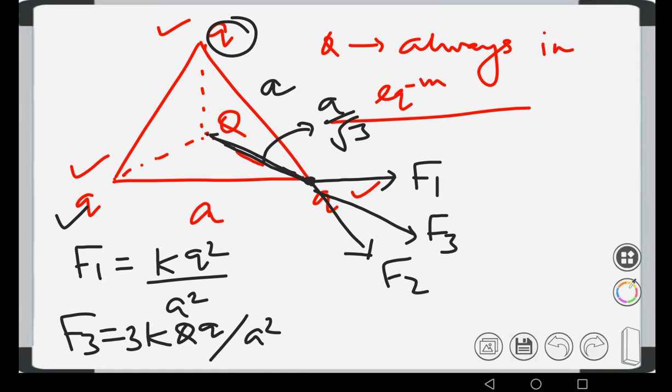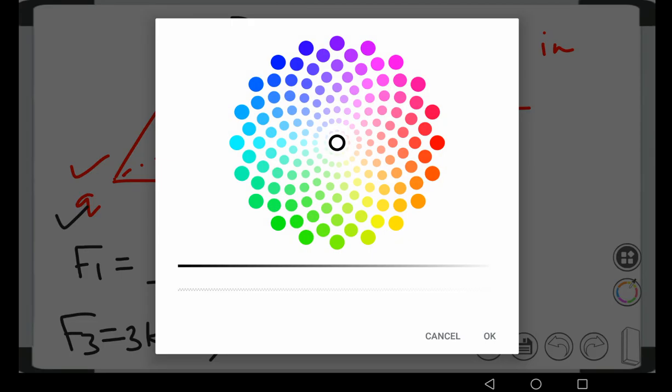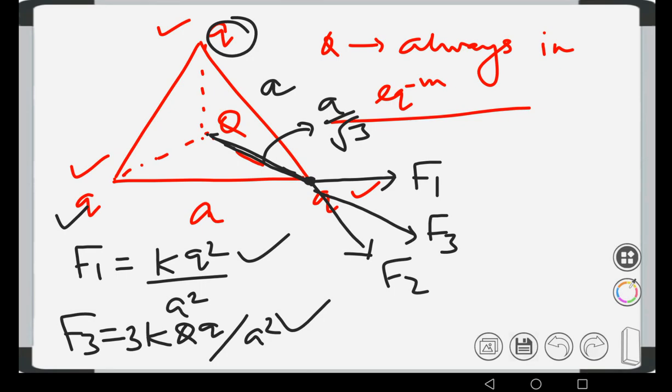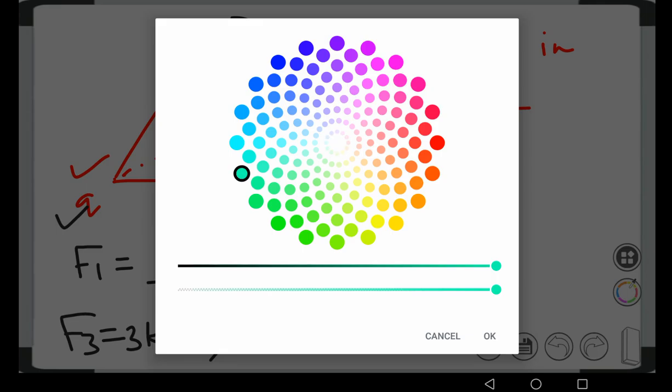So F3 is this and F1 is that. F1 and F2 are both equal to F.